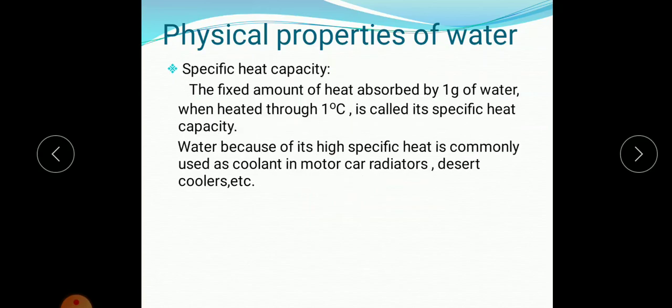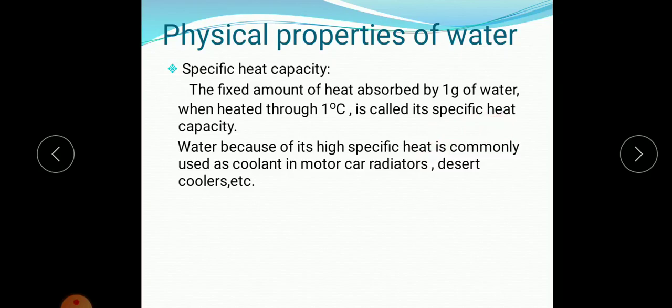Next, specific heat capacity. What does it mean? The fixed amount of heat absorbed by 1 gram of water when heated to 1 degree Celsius is called its specific heat capacity.